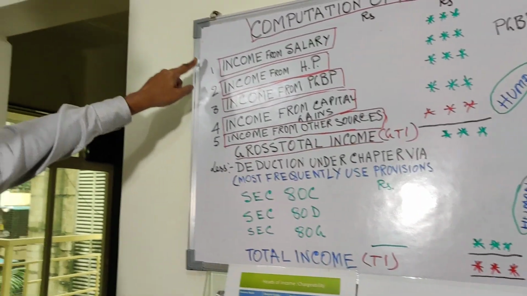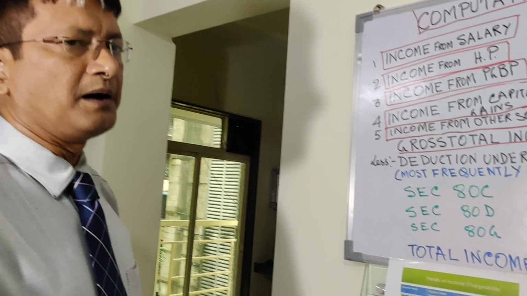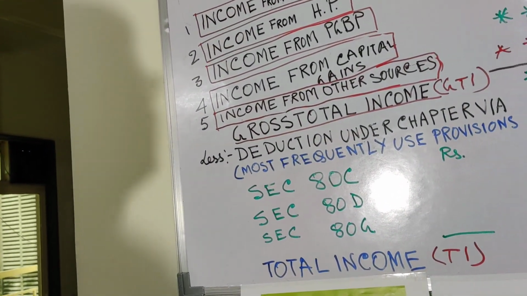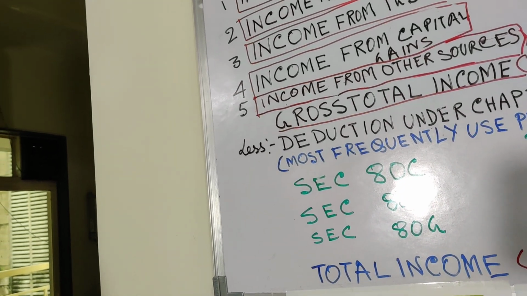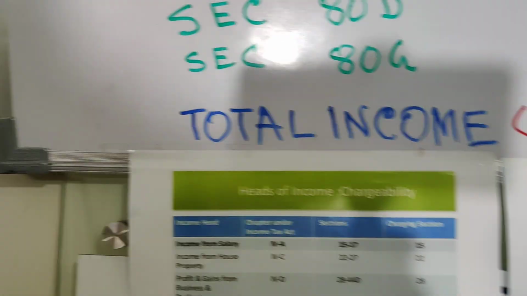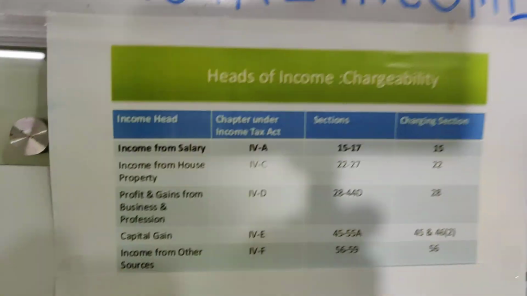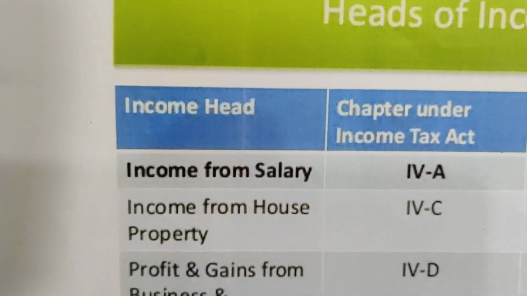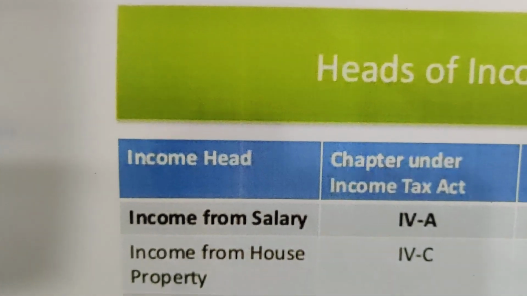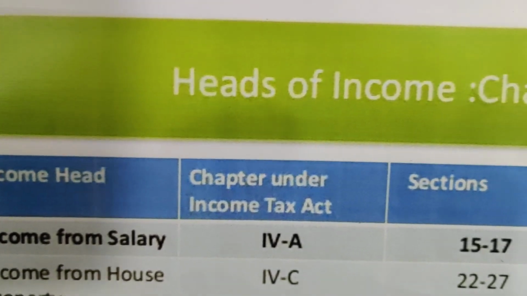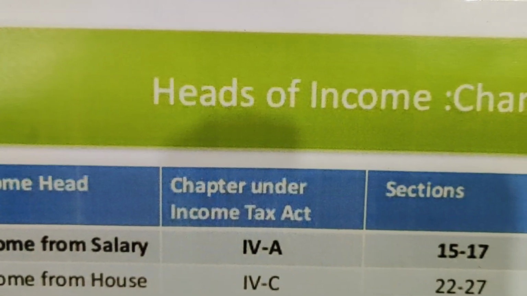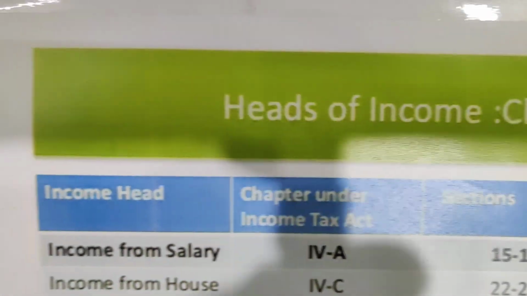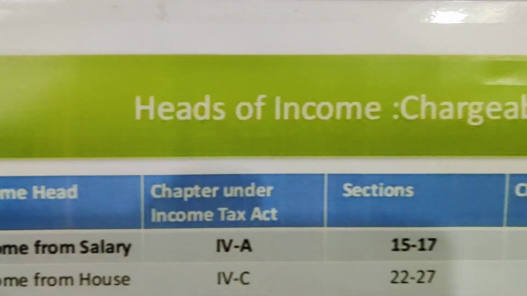Let's see for computation of income, what are the heads of income and what are the provisions you need to know for computation of income. So the provisions which you need to know for income from salary, this is the first head of income: in chapter 4A of the Income Tax Act, you will get the entire information.